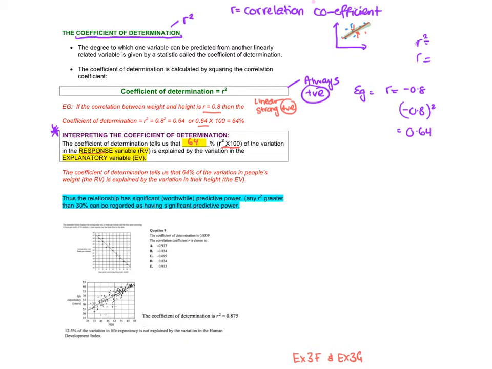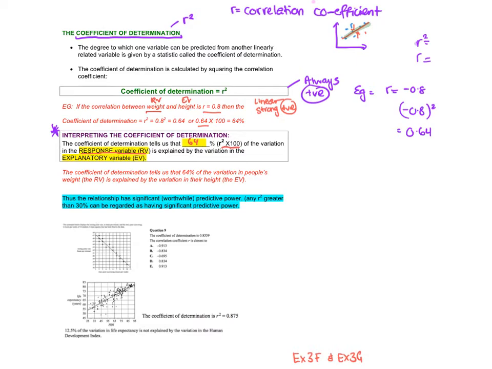Now I have to change this. I don't want to write the words response variable, I want to write what it actually is. For this scenario, this was your response and this was your explanatory. So I would write in there, 64% of the variation in weight is explained by the variation in height.